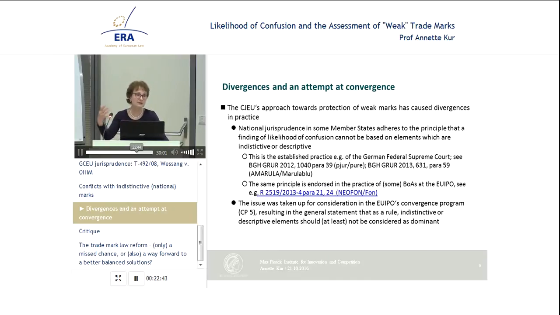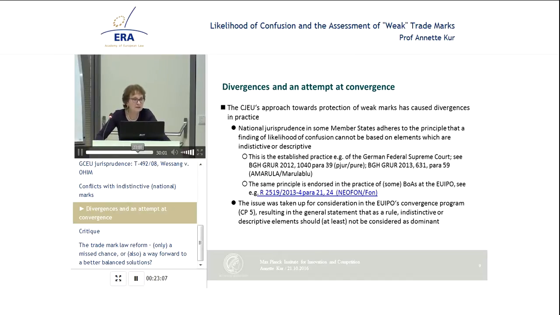This is how the Office and the Board of Appeal react, at least some of them, but unfortunately also in this case the end result was what we have seen before. The General Court and the Court of Justice found that there is a likelihood of confusion, given that phone, after all, is the dominating element in the mark.